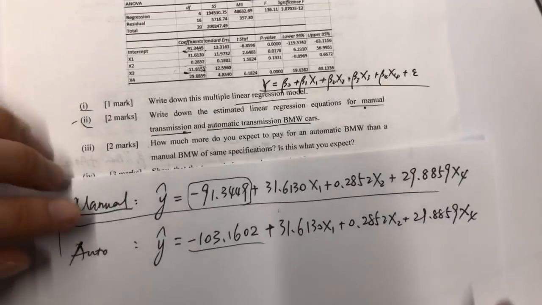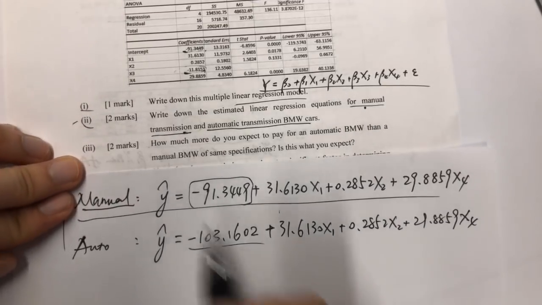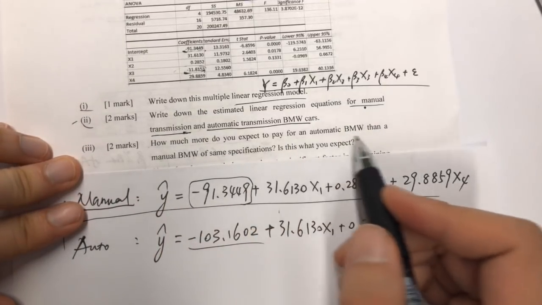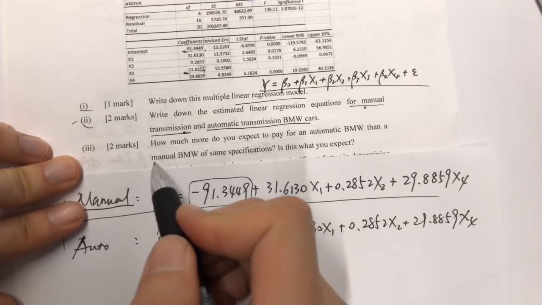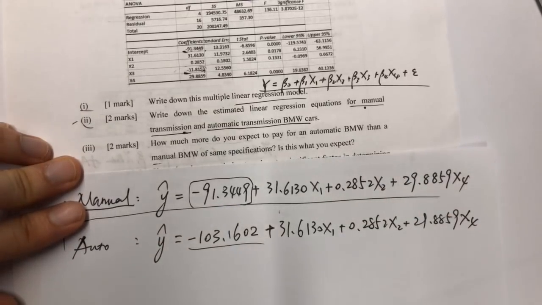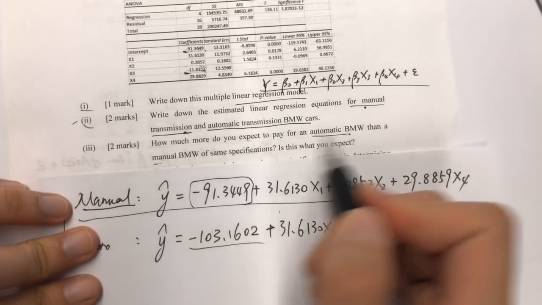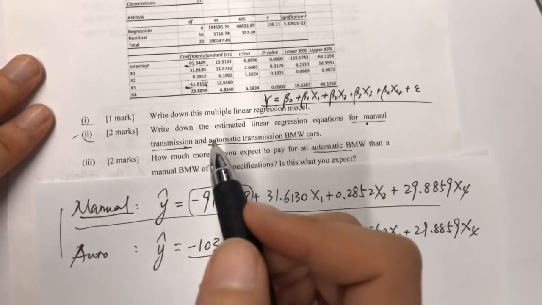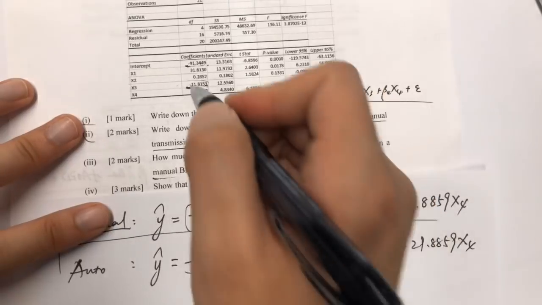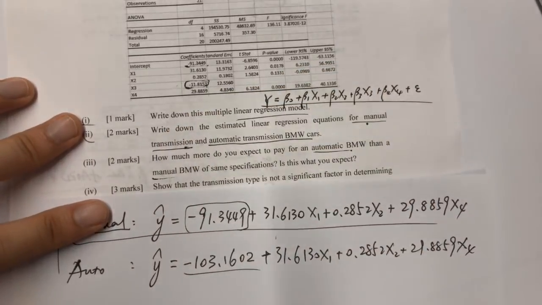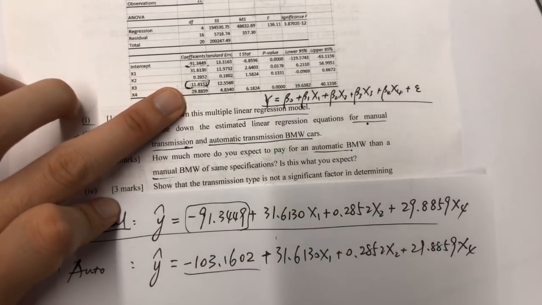Okay, now let's look at question 3. How much more do you expect to pay for automatic BMW than manual BMW of same specifications? Is this what you expect? Here is actually the interpretation of the coefficient of x3, right?